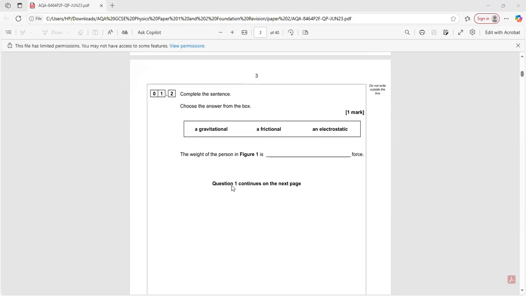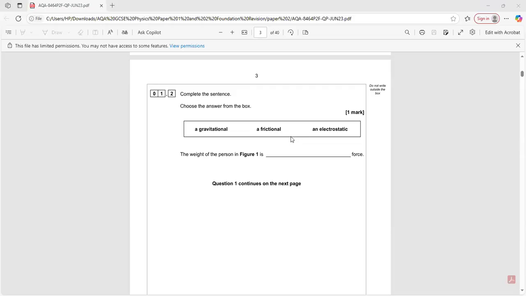Number two, complete the sentence. Choose the answer from the box. The weight of the person in figure one is A, gravitational, B, frictional, and C, electrostatic. Now, let's cancel out the ones that it could not be. It's definitely not frictional because it's not happening between two surfaces, or between a hard surface and a liquid.